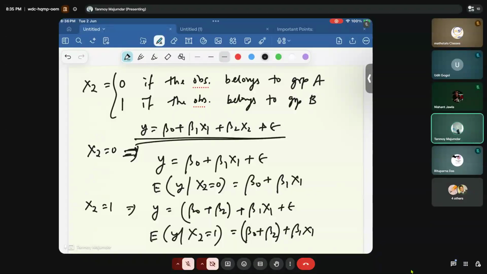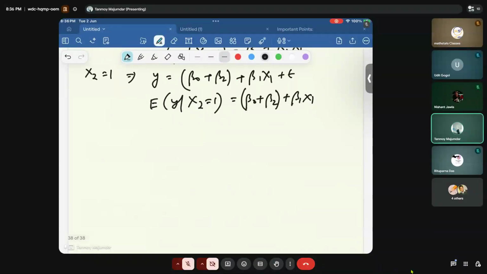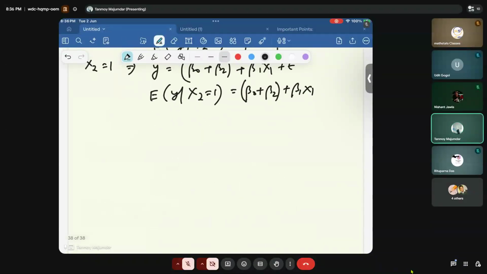Okay. So basically here we are getting two different models, right? So what is the value of beta 2? Beta 2 will be the difference between two expectations. So expectation of y given x2 equals 1 minus expectation of y given x2 equals 0.